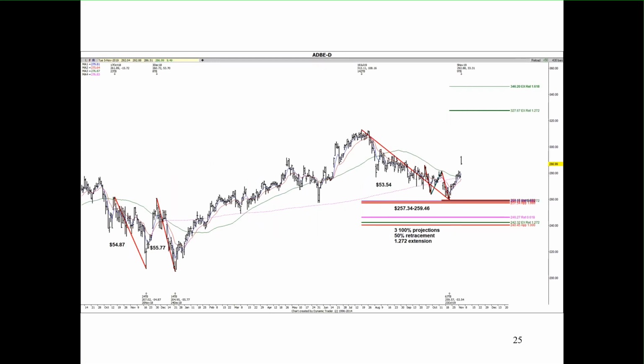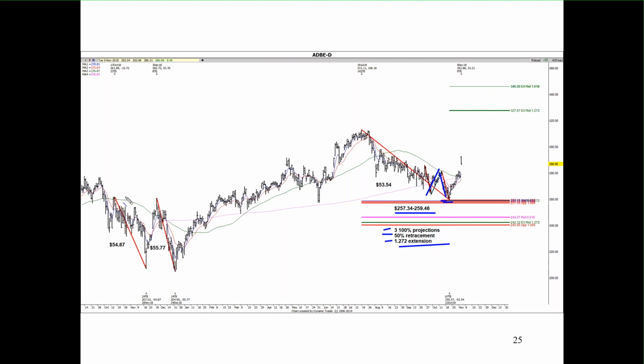So this is a daily chart of Adobe, and I'll show you where I got some of this cluster. Okay, we had a healthy zone between 257.34 to 259.46. We had 3 100% projections. We had a 50% retracement of another swing, and you had a 1272 extension of another swing. Okay, so that's 3, 4, 5 price relationships.